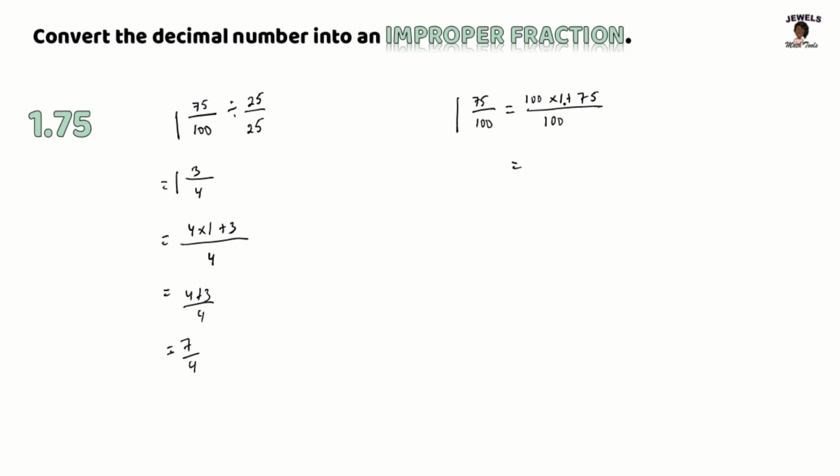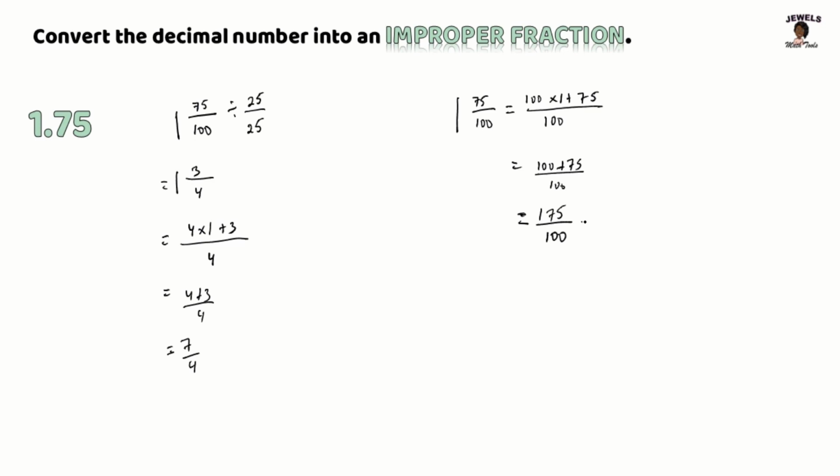So we have 100 times 1 is 100. And then 100 added to 75 will equal 175/100ths. And now at this point, you can choose to reduce your fraction, which is quite fine.